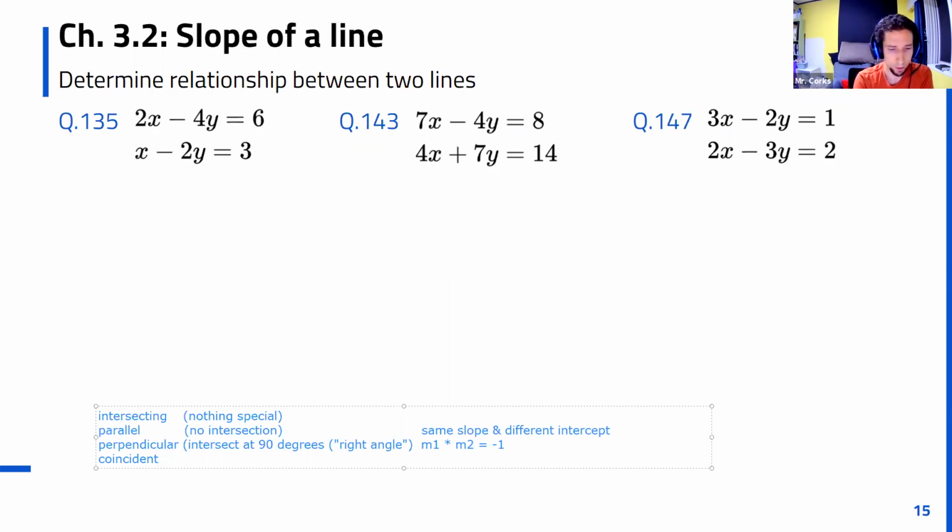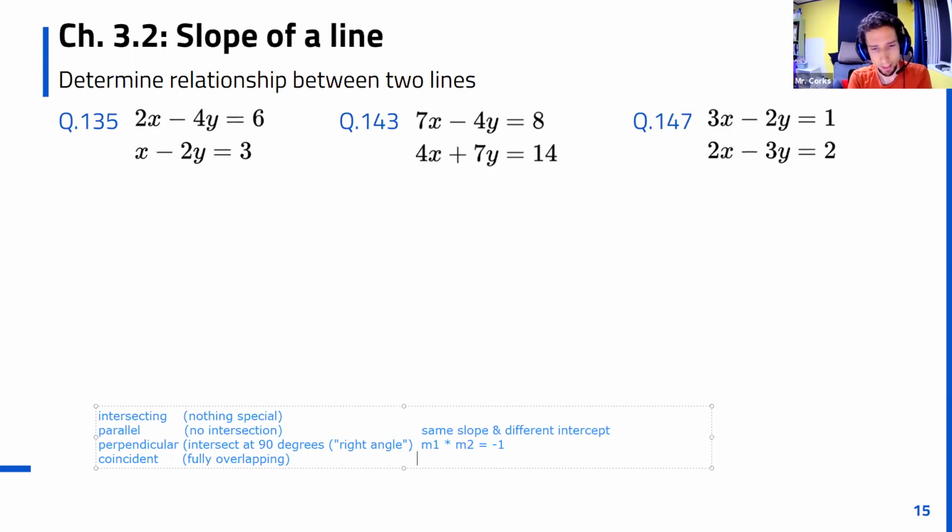All right, last one, coincidence. What does this mean? The equations look different, but they're actually the same, so they overlap each other. When we graph the two lines, they're fully overlapping. Every point that's on one line is also on the other line.